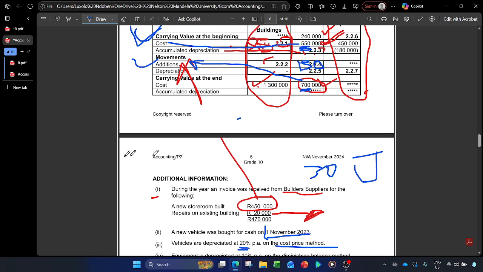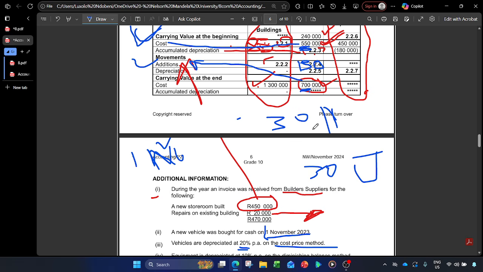Remember, guys, this thing of 1st. Sometimes they will say 1st of November, and sometimes they will say the 30th of November. Remember, guys, when you bought something on the 1st of November, that means that from 1st of November until 30th, you are using it. So it was also available for the month of November.